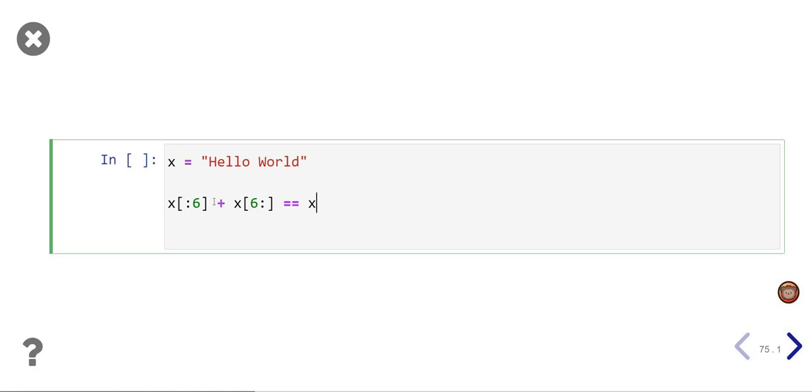Can you understand this statement? This one means from the start until element 5, and this is from 6, which is W, until the end. If you concatenate these two, it is equal to x, right? Are you able to understand the index?